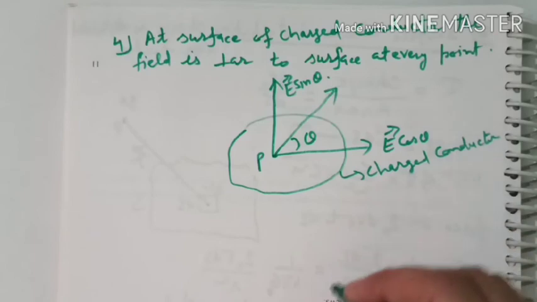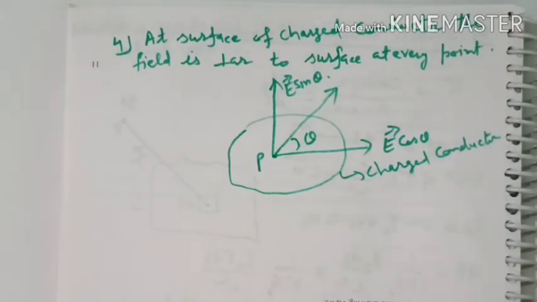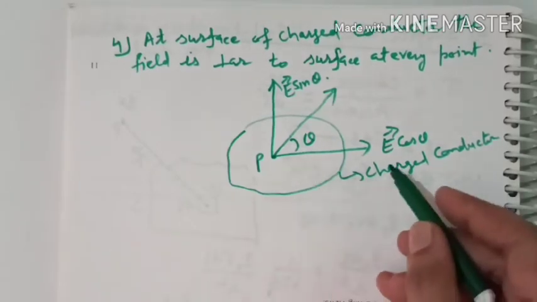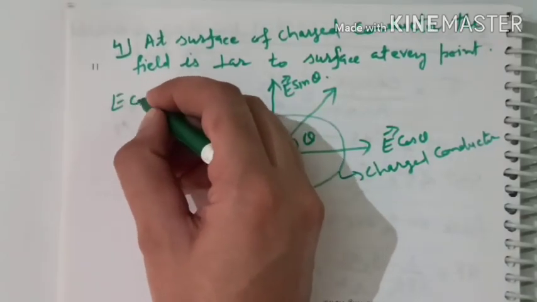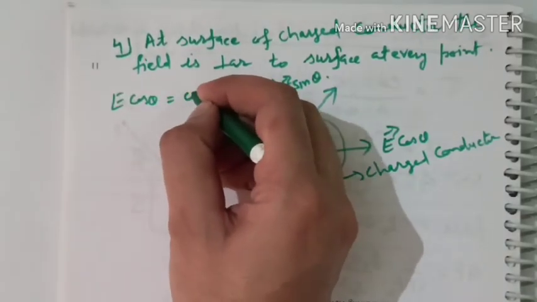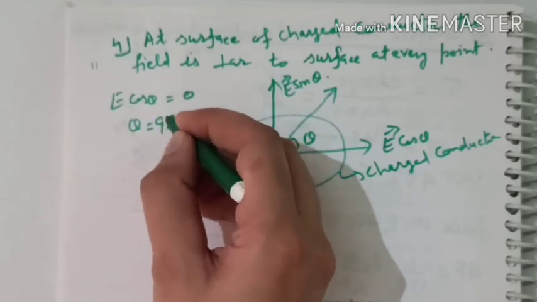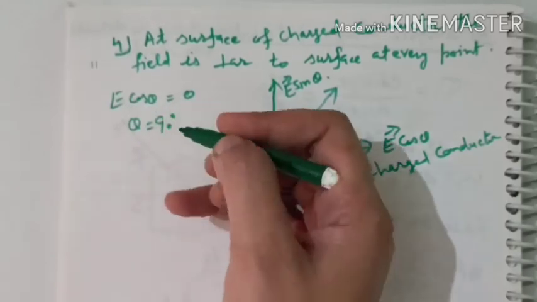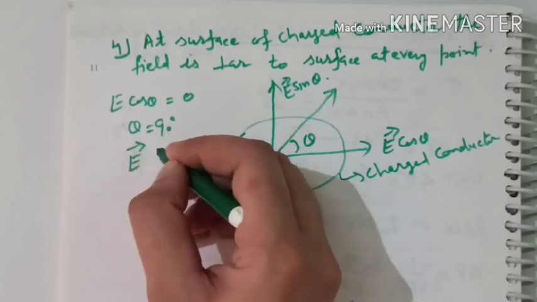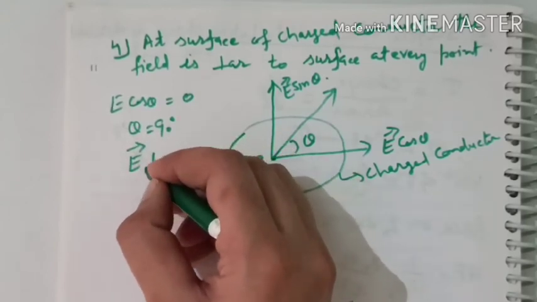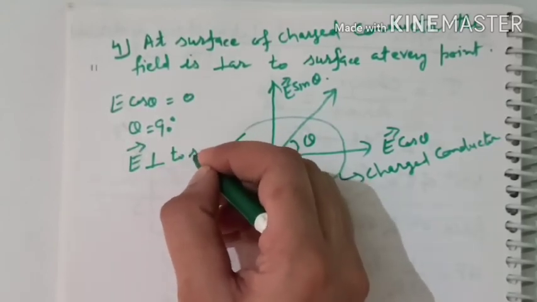According to the electrostatic condition, charge stops flowing on the surface of the conductor. When the charge stops flowing on the surface, the component E cos theta is equal to 0. Then theta is equal to 90 degrees because cos 90 is equal to 0. So E is always perpendicular to the surface of the conductor.